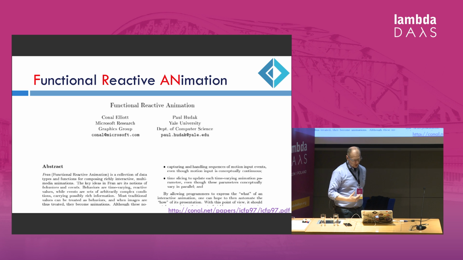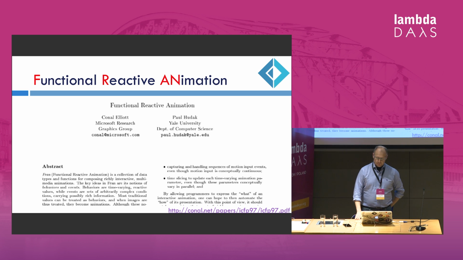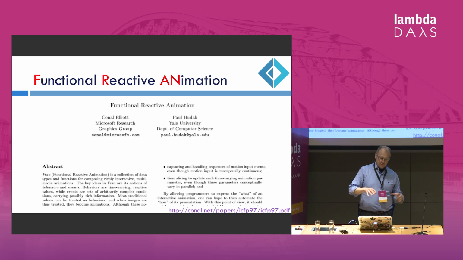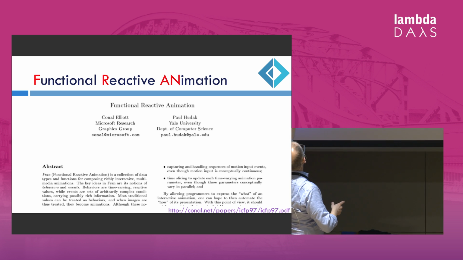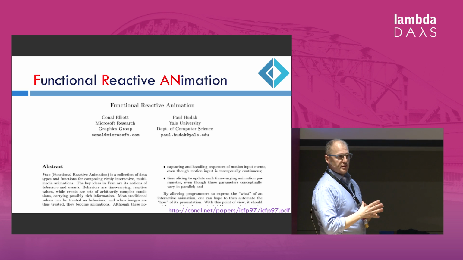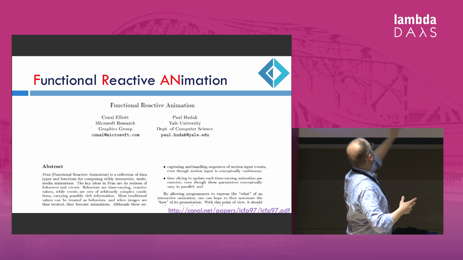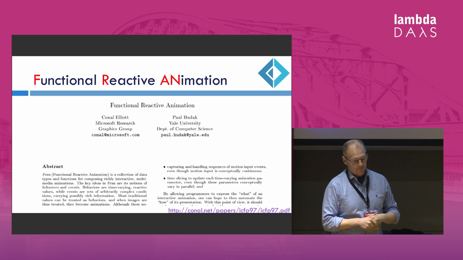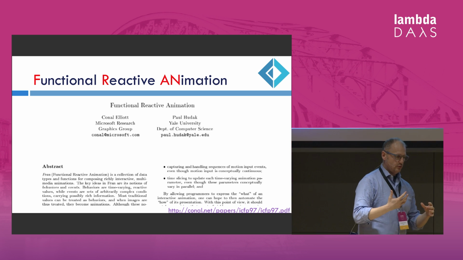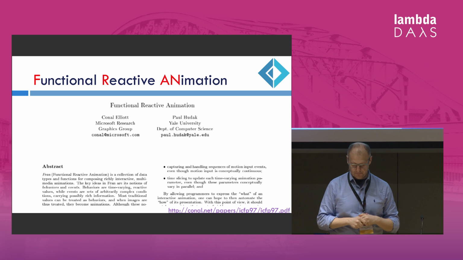So this is the original paper of FRP that was written in '97, and which described the first implementation of functional reactive programming. They used Haskell to implement Fran, as in functional reactive animation, a library to interact with two-dimensional and three-dimensional images, right?